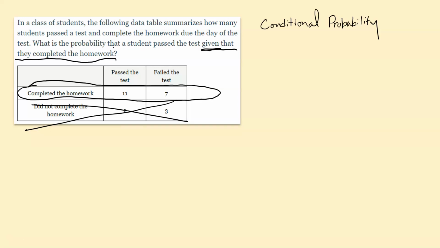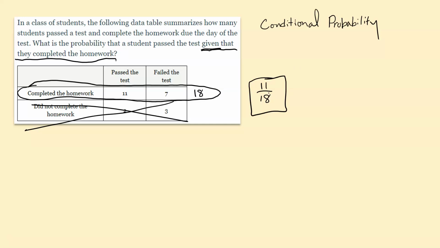So what is the probability that a student passed the test given that they completed the homework? There are a total of 18 students that completed the homework. So that is the sample we are selecting out of, and 11 of those students passed the test. So 11 out of 18 is our probability, which does not simplify any further.